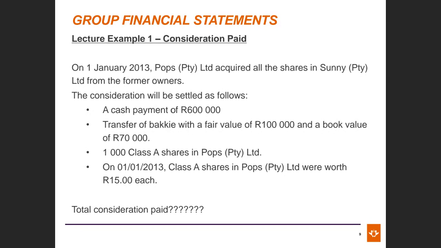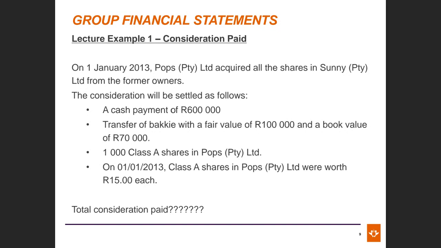Then we need to consider the transfer of the bakkie with a fair value of 100,000 and a book value of 70,000. Now, remember we said that when we are looking at the acquisition date, your assets need to be fairly valued, okay? You need to have the fair value of your assets.